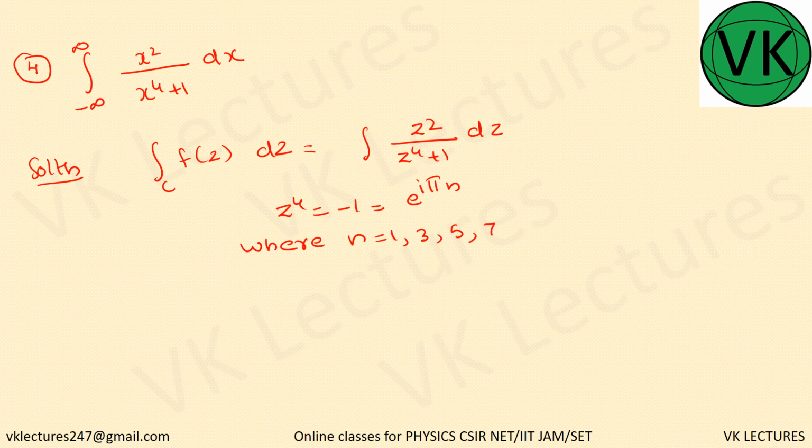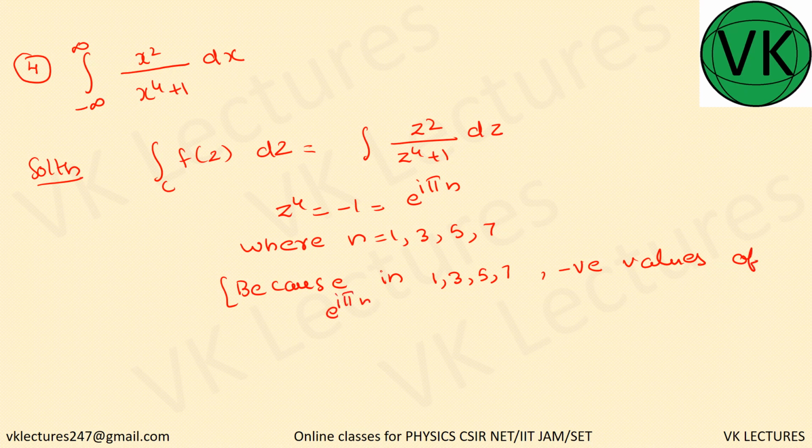We are taking n as odd values because for these values we get negative values of e raised to i pi n, so z raised to 4 is minus 1.